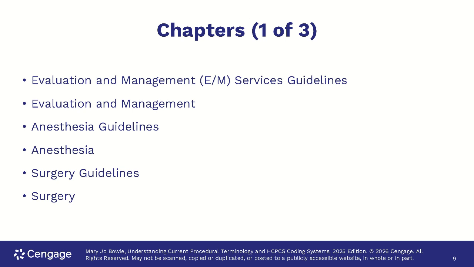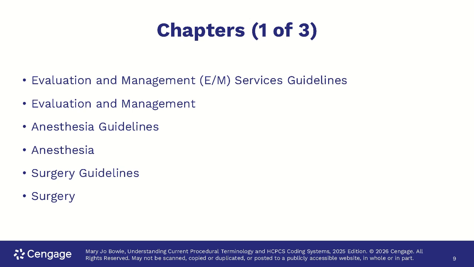All right, so I mentioned earlier that each of the sections, the 6 sections, begin with an introduction to that section. They are known as guidelines. So there are 6 sections in the CPT manual: evaluation and management, anesthesia, surgery.